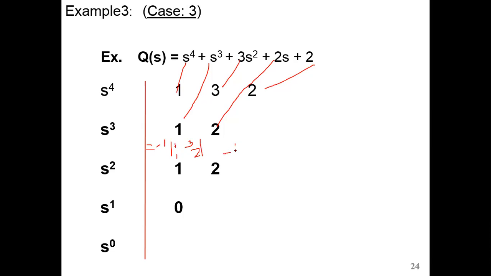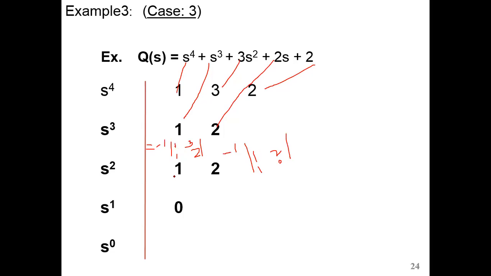Similarly, minus 1 here, 1, 1, 2 and 0. Solving this, minus 2 multiplied with minus 1 equals 2, and here we have 2 minus 3 minus 1 multiplied with minus 1 equals 1.